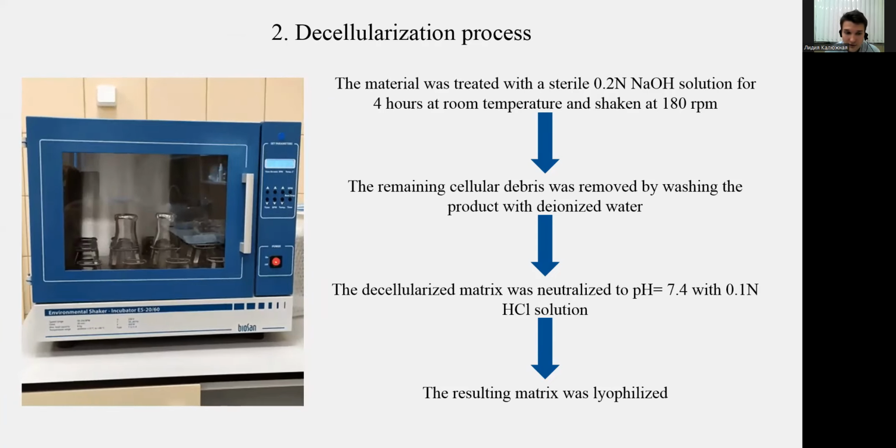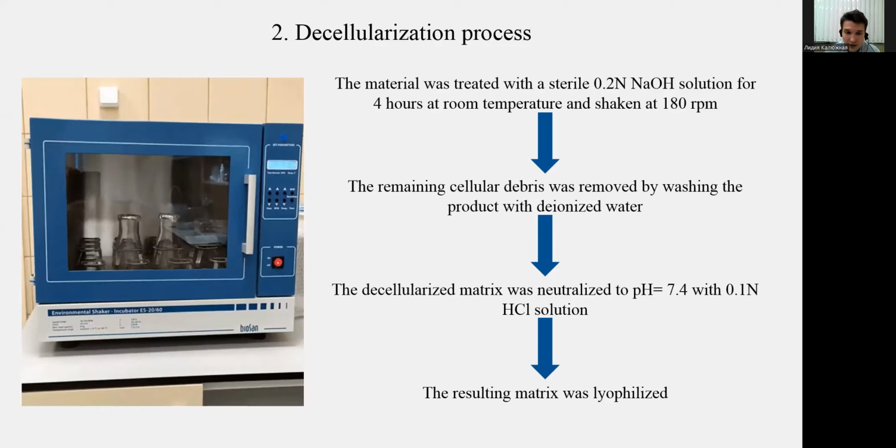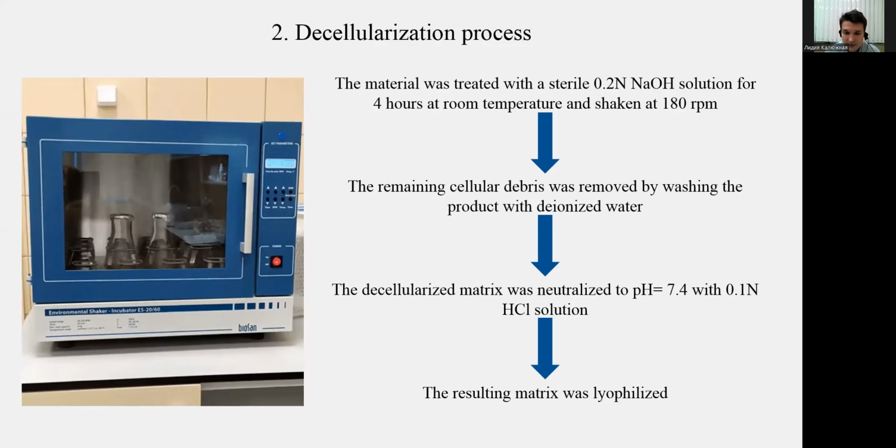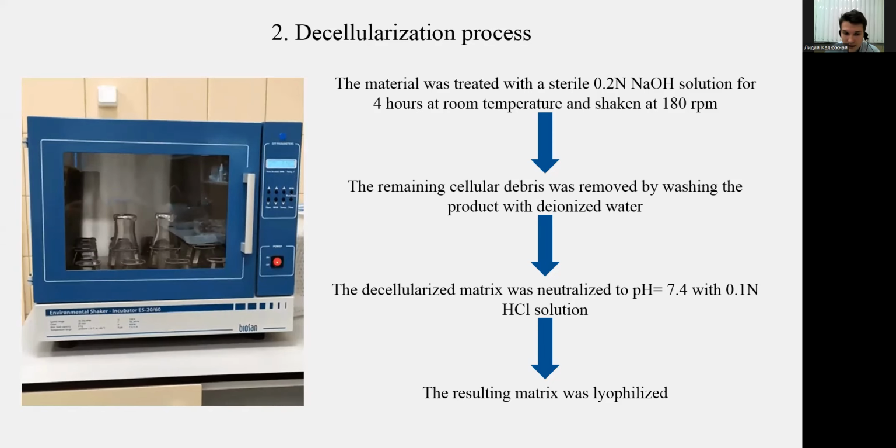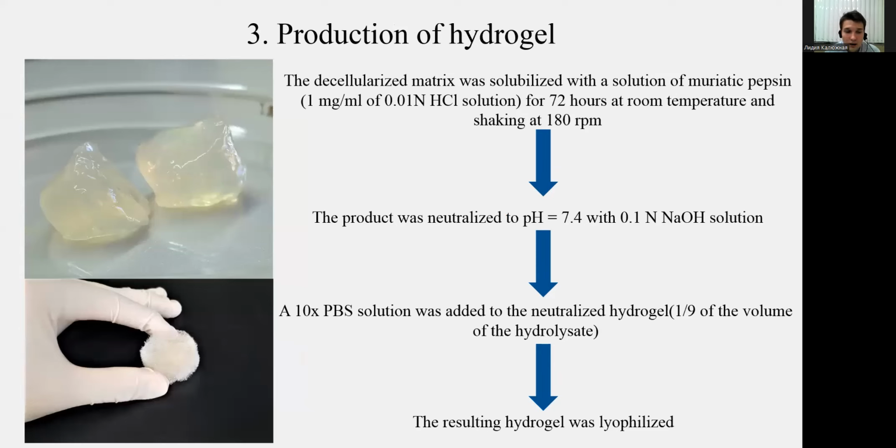For the next stage, solubilization of the product into the hydrogel, it's neutralized with hydrochloric acid to pH 7.5 and lyophilized. The lyophilized and crushed decellularized matrix is solubilized with a solution of hydrochloric acid with pepsin for 72 hours at room temperature and shaken at 180 rounds per minute.